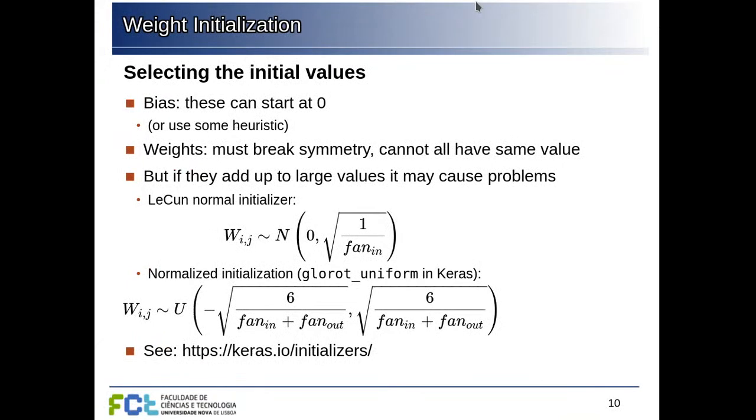Another issue that we saw is the selection of the initial values. So basically the bias values, we can just simply start them at 0. But the weights need to be randomized or different between different neurons. Otherwise, we'll have identical neurons in the network, and these will always change in step. So we need to break this symmetry in order to use the full network.